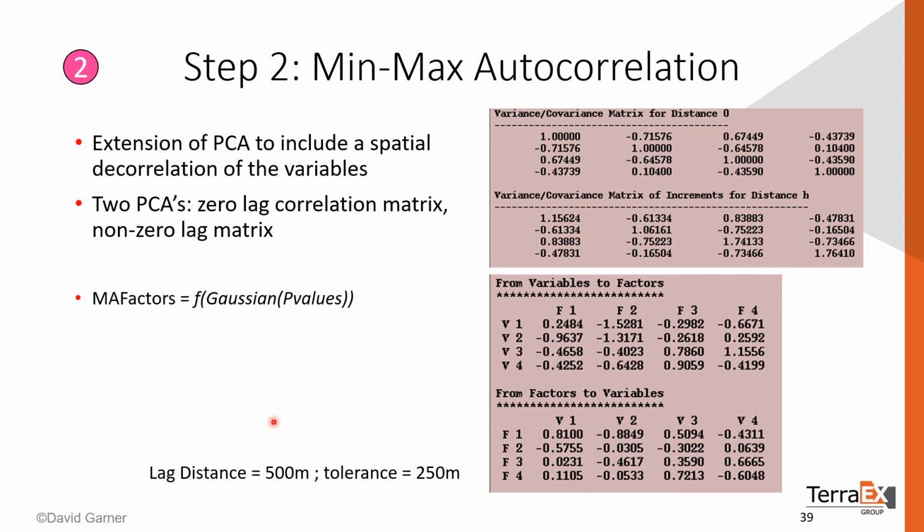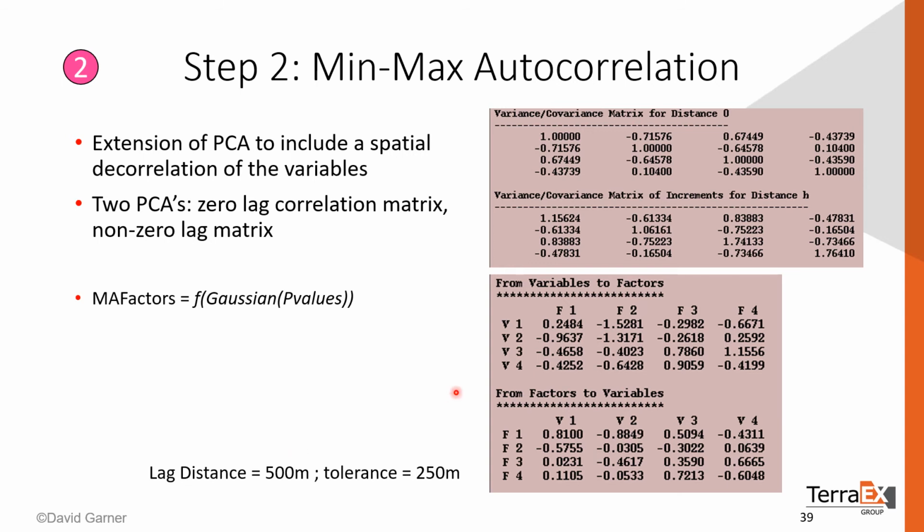So we're using the values at 0 lag compared to the values at 500 meters separation. We'd have to discuss variograms and show you the H scatter plots, but basically I looked at the range on the data, which was around 1 kilometer, and I took about a half. I tried a third to a half.